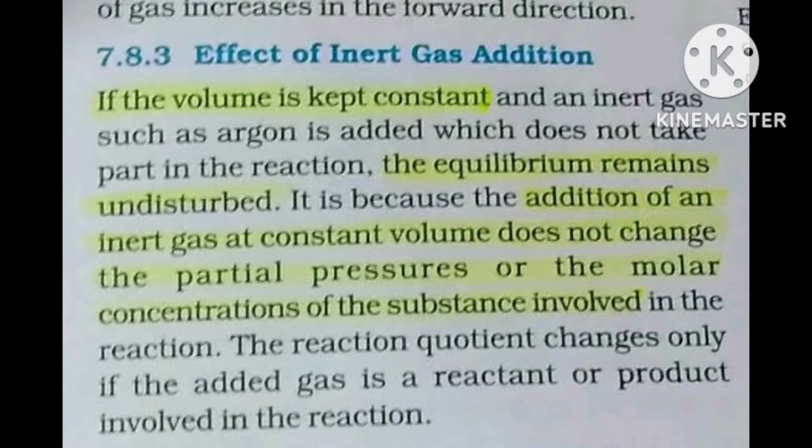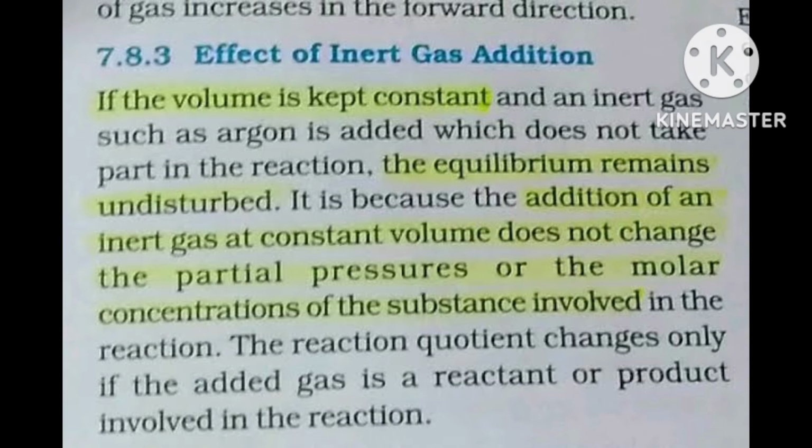Then you can see here there will be a color change at low temperature. At low temperature, in the freezing mixture, the forward reaction forming N2O4 is preferred. It will convert to N2O4.